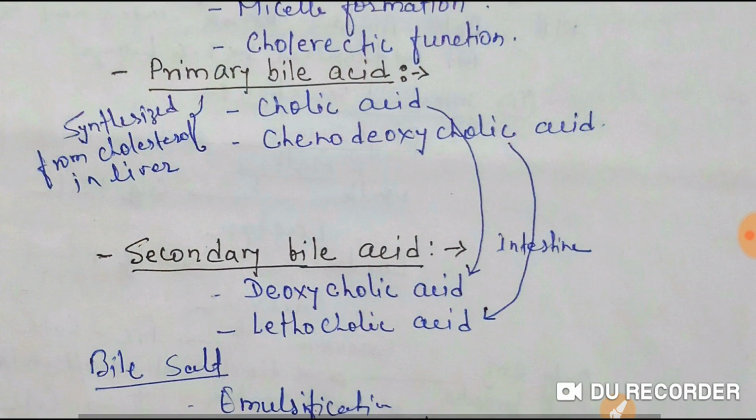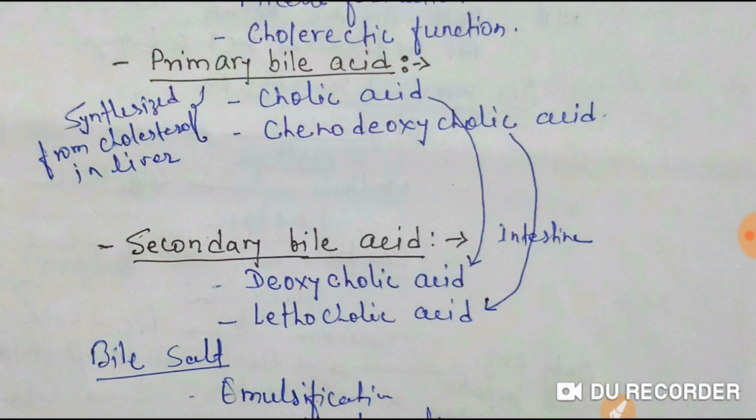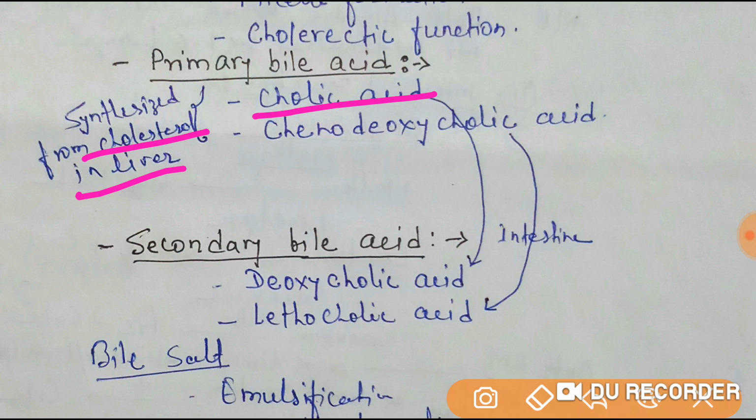And the topic is about the primary bile acids, which are synthesized from cholesterol in the liver. These are cholic acid and chenodeoxycholic acid.